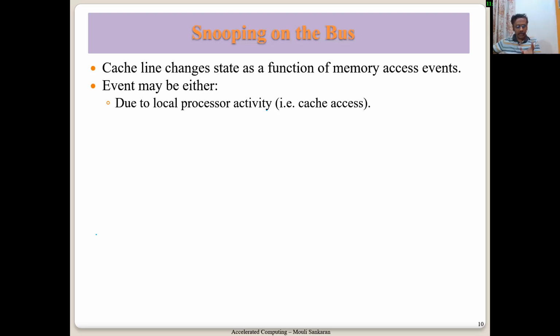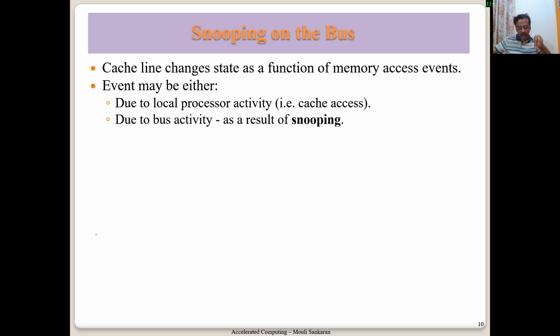I am talking about a particular block or line in a private cache of a core, and we are going to maintain some state for each of those blocks. Those states will vary based on operations coming from the local processor, which is read or write, or due to bus activity, which is called snooping.